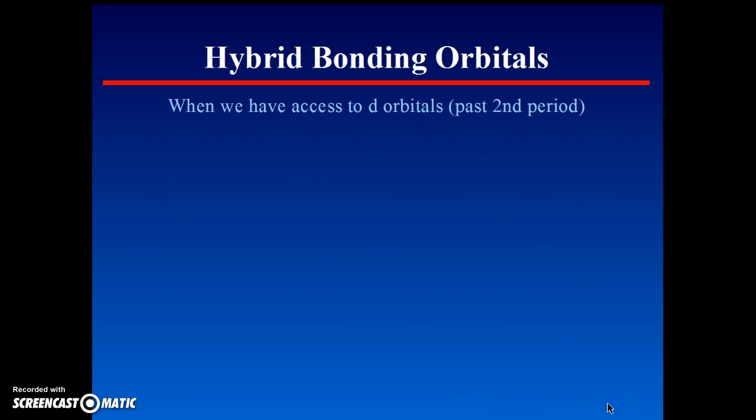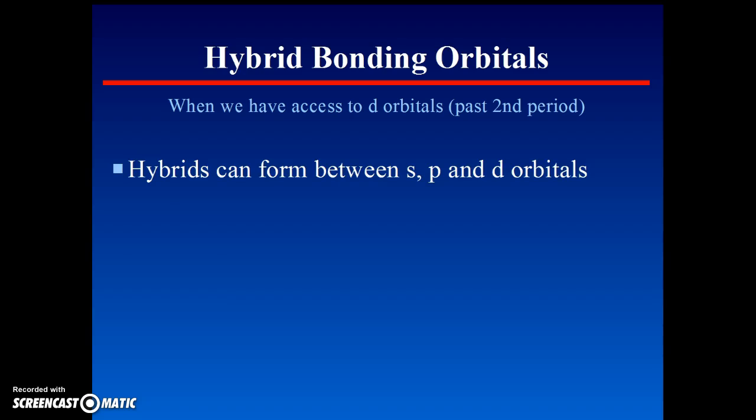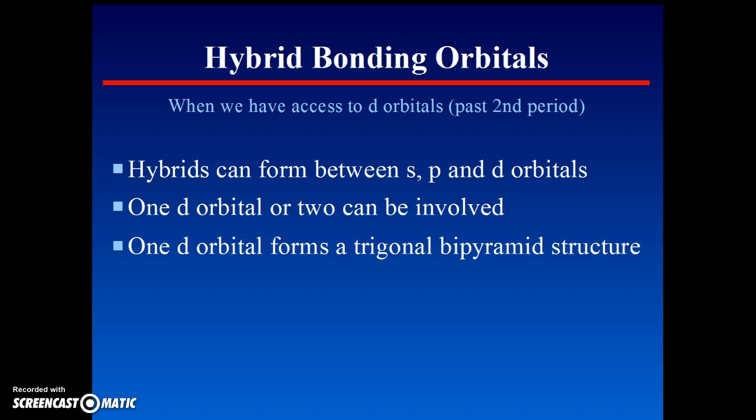Now, when we get to higher energy levels, third energy level and so forth, we now have access to the d orbitals, and we can explain other hybrids. Hybrids can form between s, p, and d orbitals. We can involve either one d orbital or 2 of them. If we involve one d orbital, we will form a trigonal bipyramidal structure. sp3d hybrid is what is postulated here.